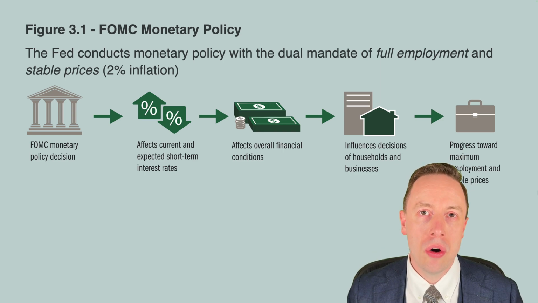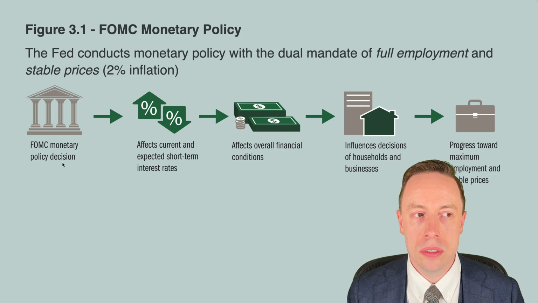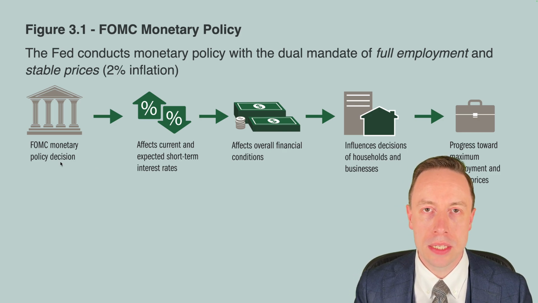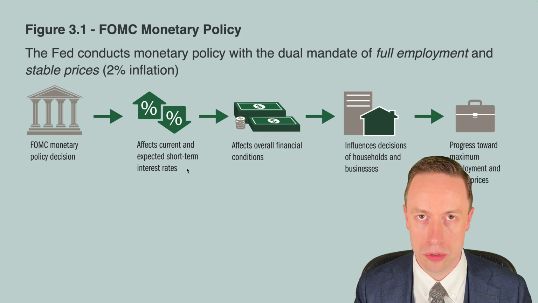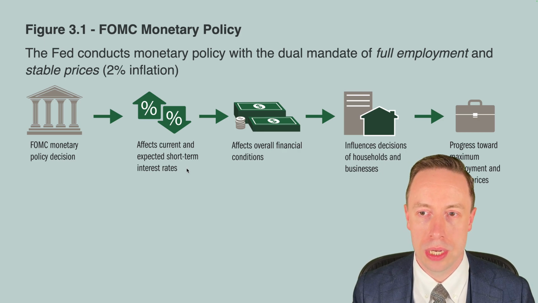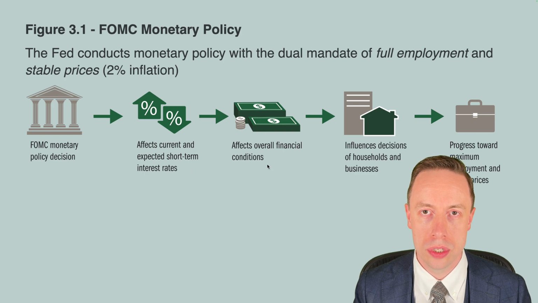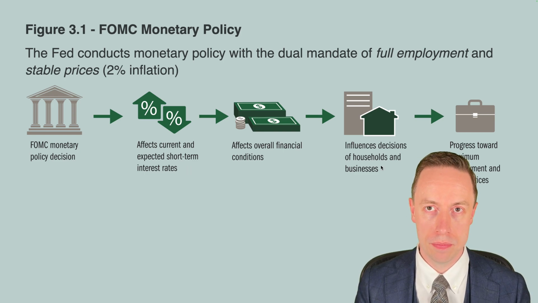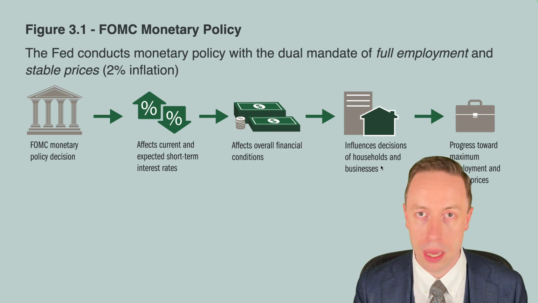So the way they go about this dual mandate is the Federal Open Market Committee makes decisions that affect interest rates in our country. And interest rates, of course, in turn affect decisions that households make. Should I buy a house, buy a car?